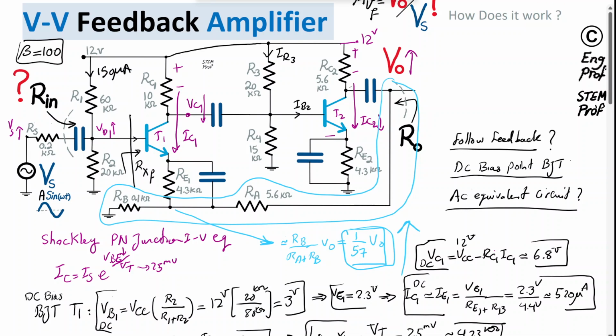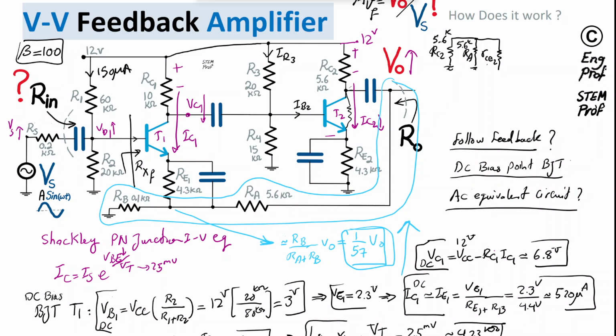What I'm going to show is, from the output of the circuit, I observe RC2, 5.6K grounded. That is my 5.6K. I observe effectively just RA, because RB is negligible, so just RA grounded, 5.6K. And I observe Rout, basically the collector-emitter resistance of transistor 2, and the emitter is AC ground or virtual ground.